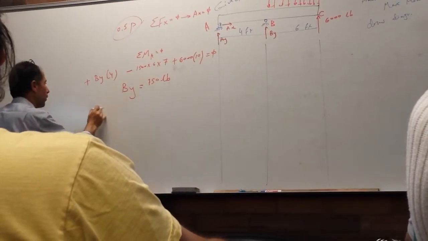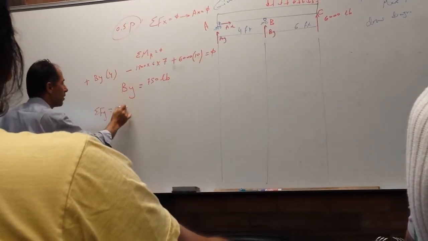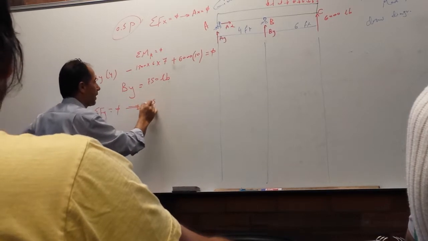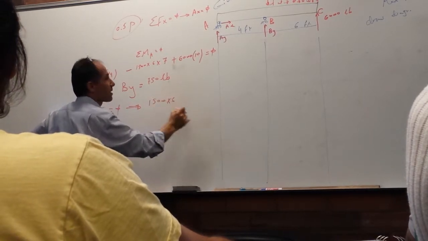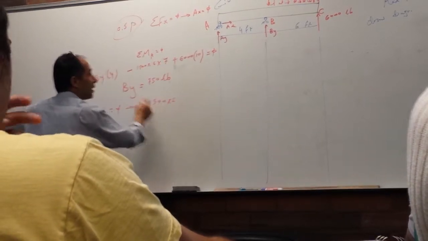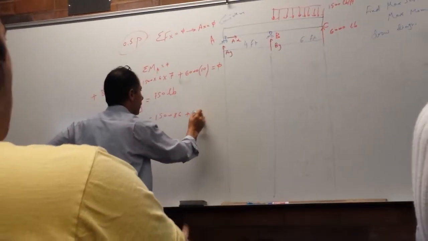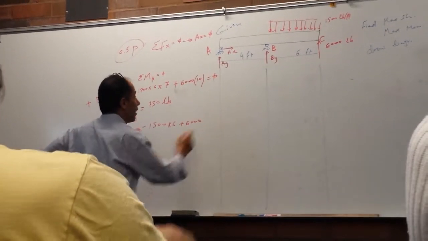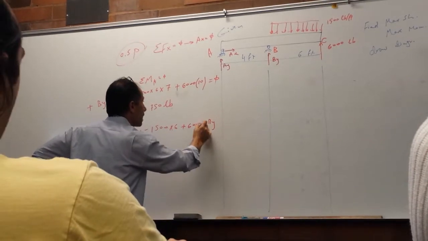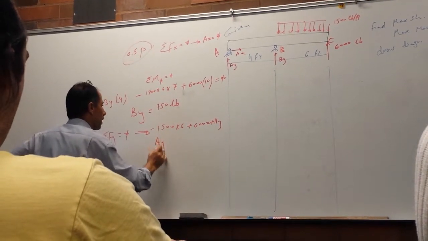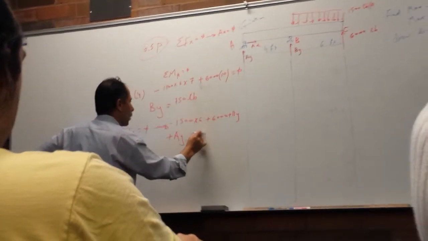750 pounds. Sum of forces on Y equals 0. We have here 1,500 times 6, acting down is negative. 6,000 is positive. BY is positive. AY is positive, equals 0.